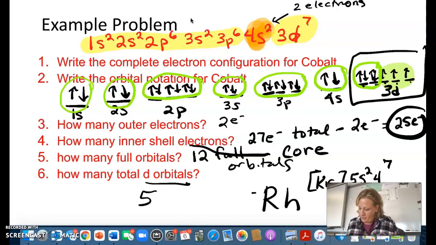So if I had asked you the d orbitals here, you would have said that there's 5 orbitals in the 4d, but in this krypton, there's also a 3d. So this would have a total of 5 orbitals there and 5 here for a total of 10.